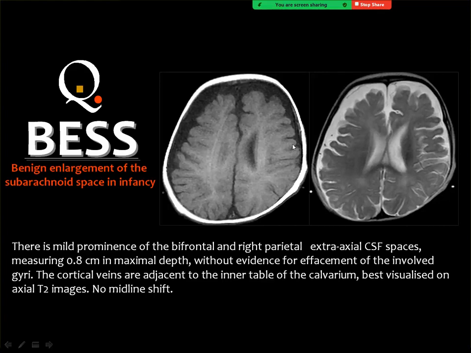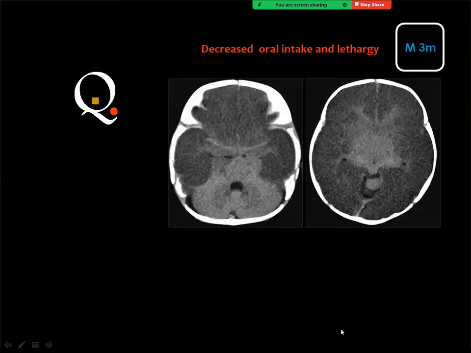And this is very characteristic in the frontoparietal area, especially in patients presenting with a large head diagnosed clinically to have hydrocephalus. This is a self-limiting lesion, and it resolves spontaneously.